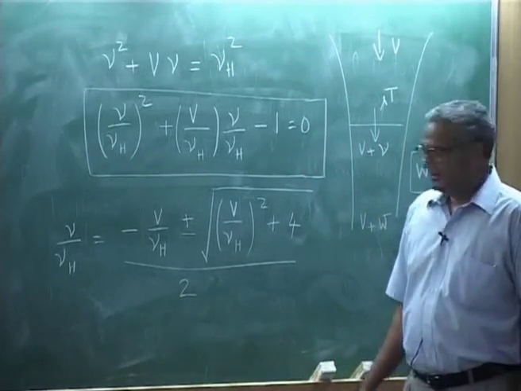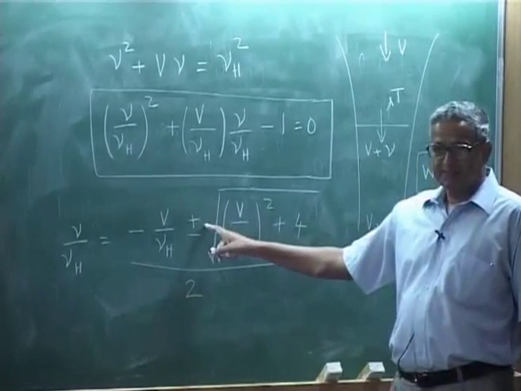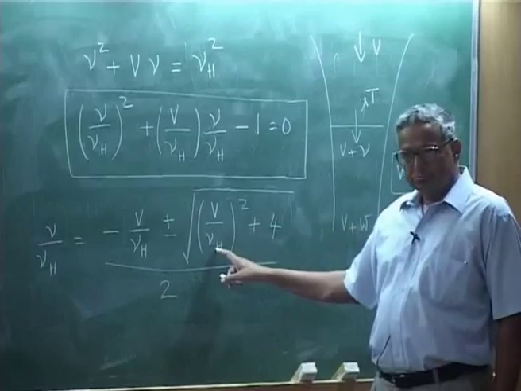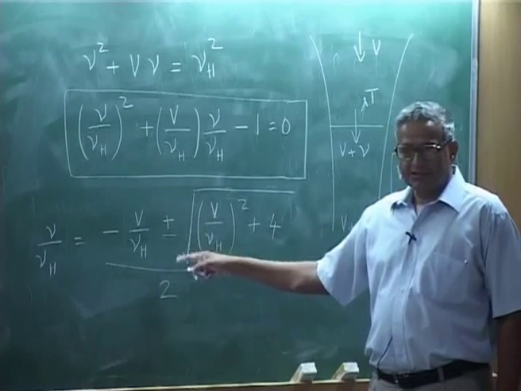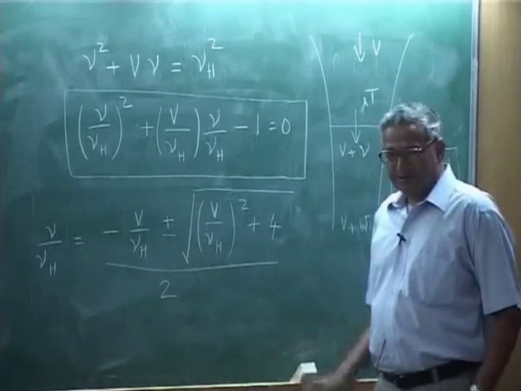Now you simplify this, because you take the 4 outside, and then this will be V by, this 2 will cancel out. And here you will put V by 2 nu H.